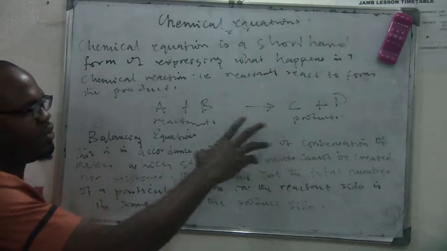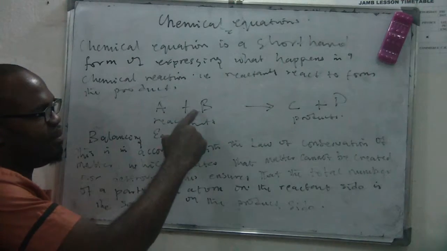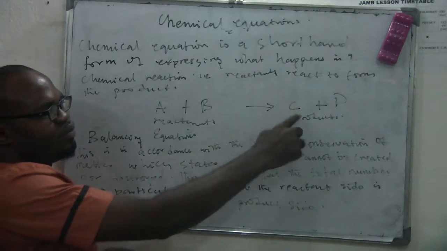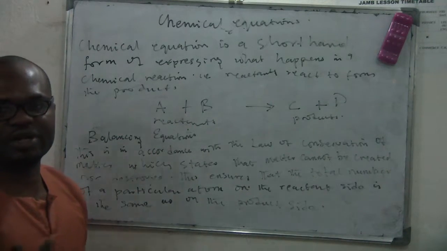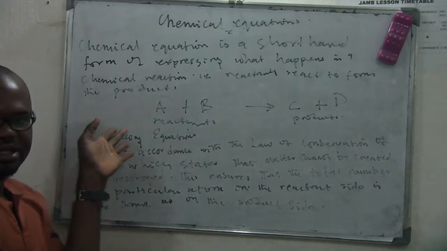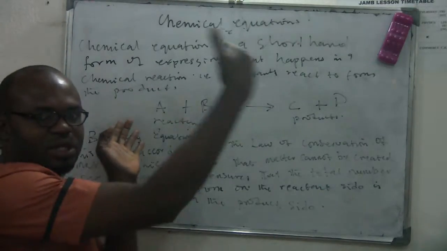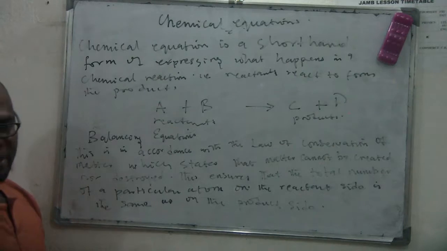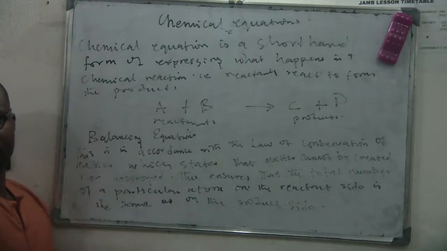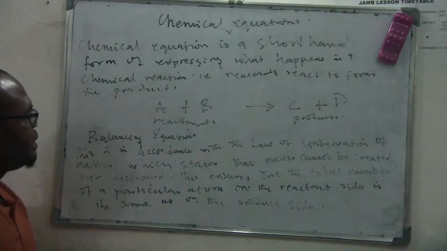Now, this is a sample chemical reaction. We have two reactants, A and B, reacting to form two products, C and what? D. So in every chemical equation, you have the reactant on this side, whereas the product on the other side. First of all, you write the reactants, then you write the product on the other side.